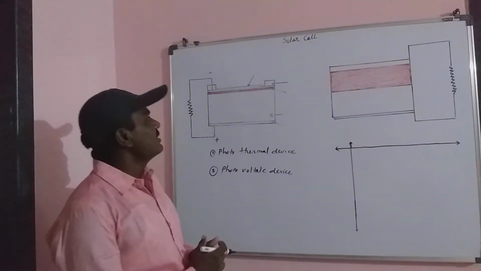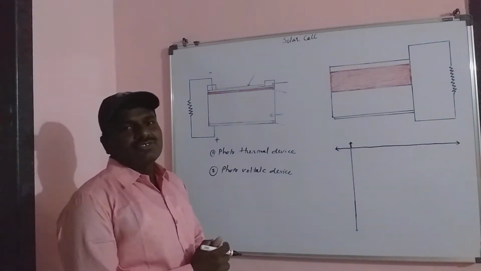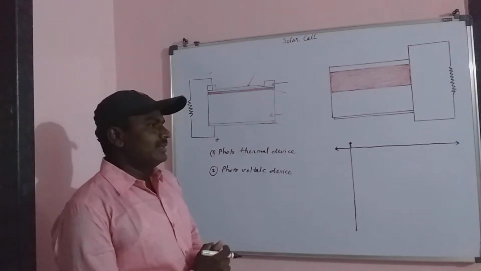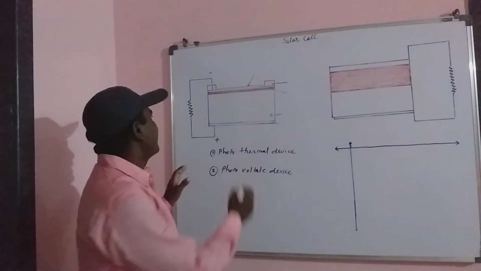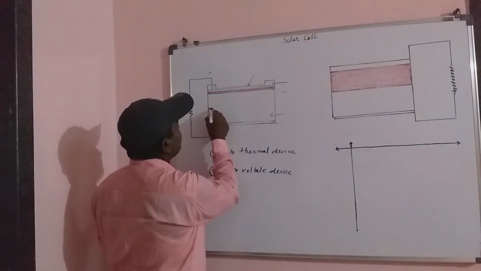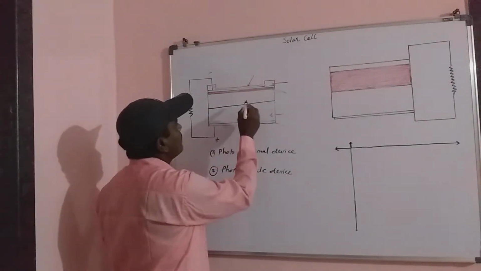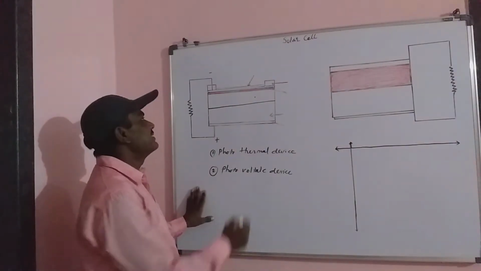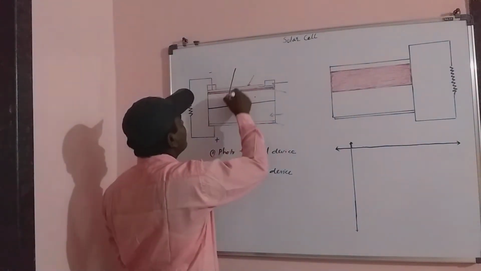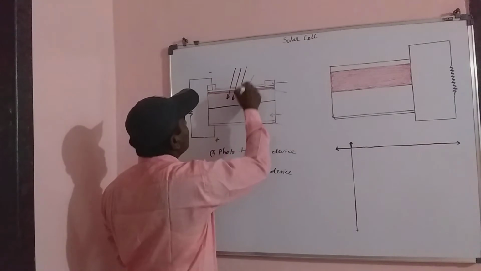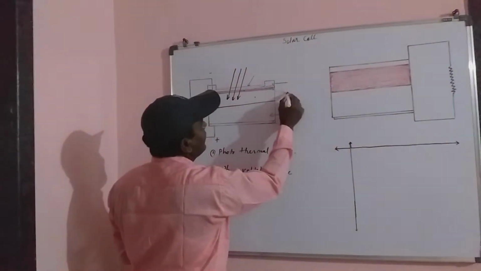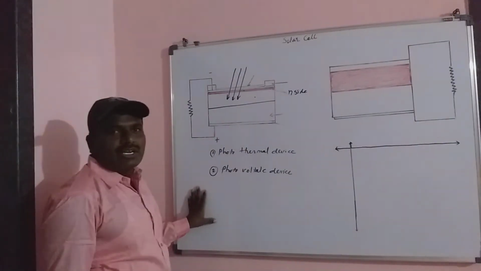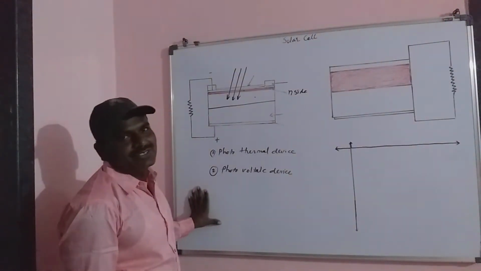Now we can see the systematic structure of this solar cell. The solar cell contains a p-n junction. Suppose this is the n side; this n side is incident to the solar radiation.